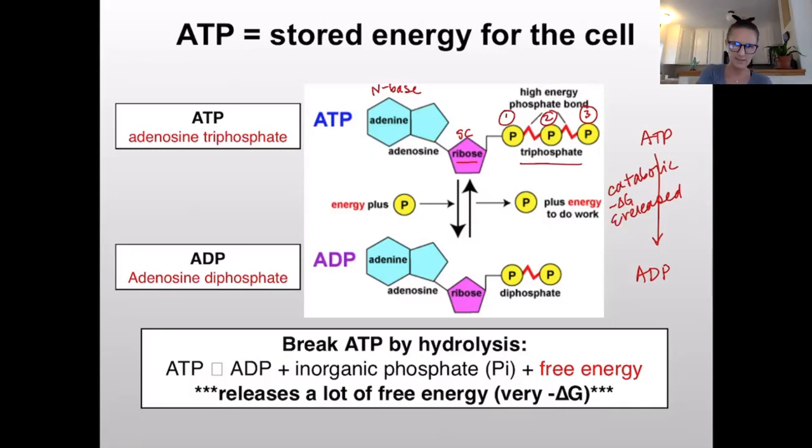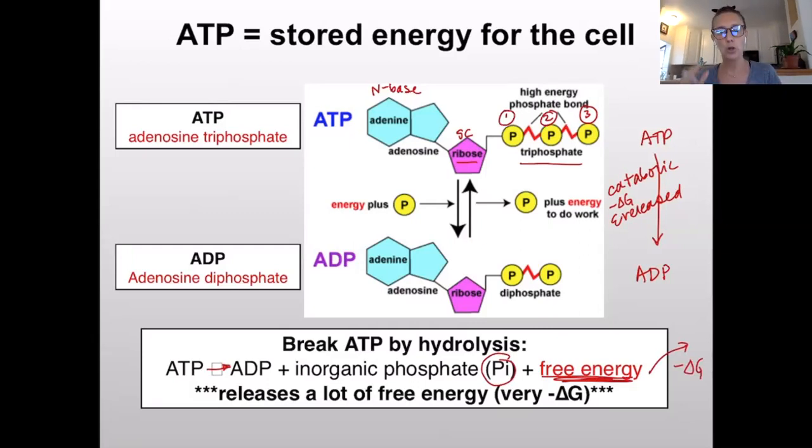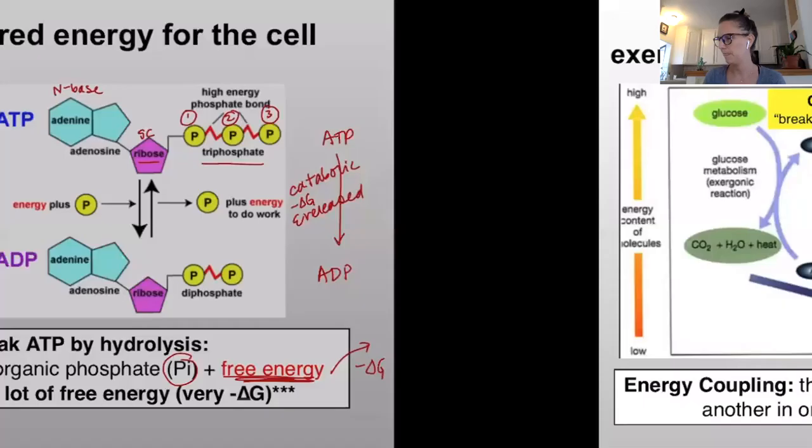Remember hydrolysis? So we're breaking one of those phosphates off. So we break down ATP, you get ADP, and you're going to get an inorganic phosphate. And what you're going to see is that you get a release of a lot of energy in the form of negative delta G. A lot of energy. ATP hydrolysis is kind of like the cell's currency for energy. Break it down, you get a lot of energy.